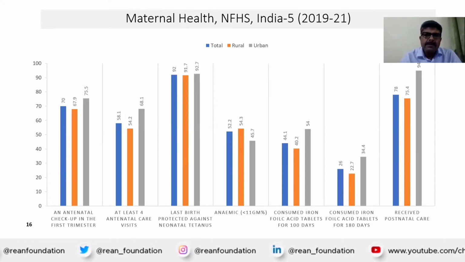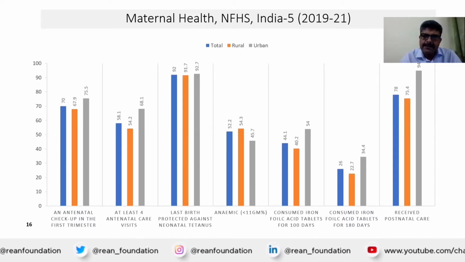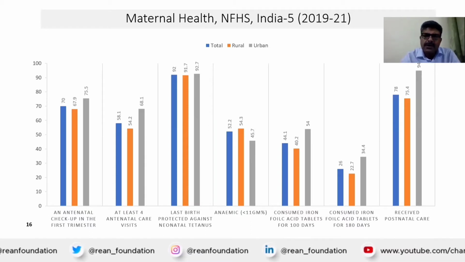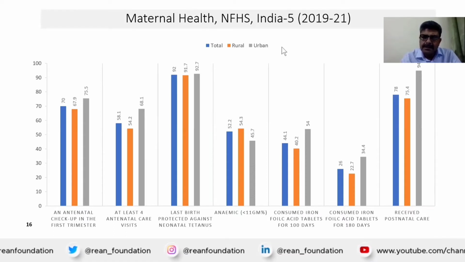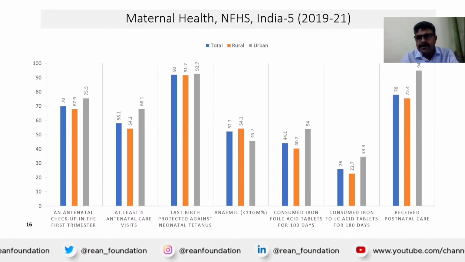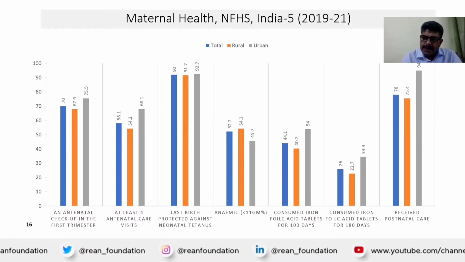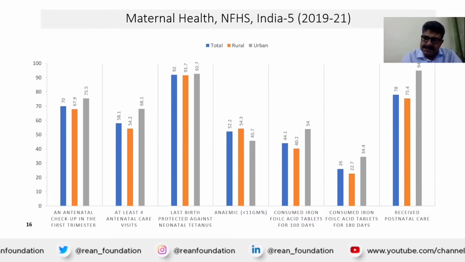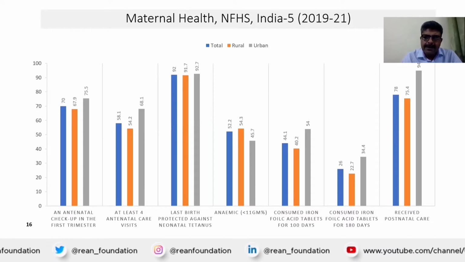Okay, so you can see here, if you compare these 4 antenatal care visits, it comes down from 67.9 to 54. So only half of the rural females are availing the 4 antenatal care visits which are required, which ma'am has already elaborated: we have to have hemoglobin estimation, blood pressure estimation, weight examination, and we need to give the pregnant female tetanus immunization.